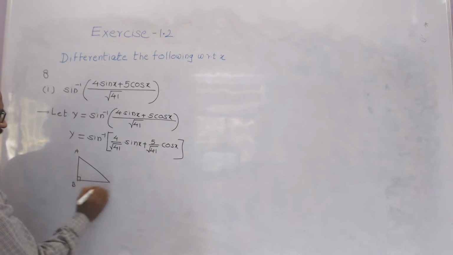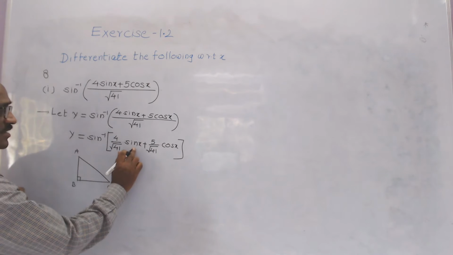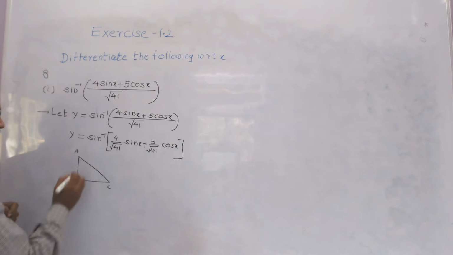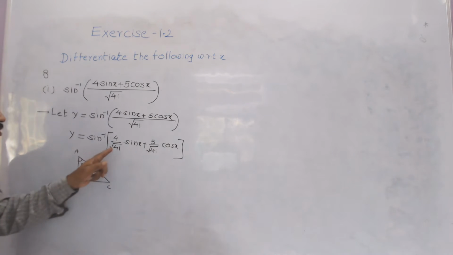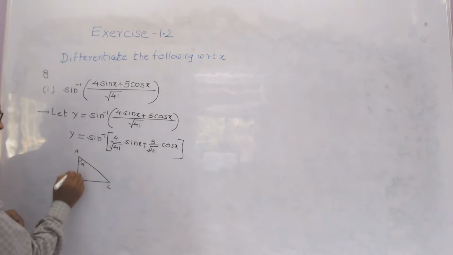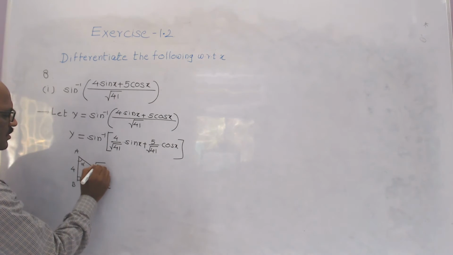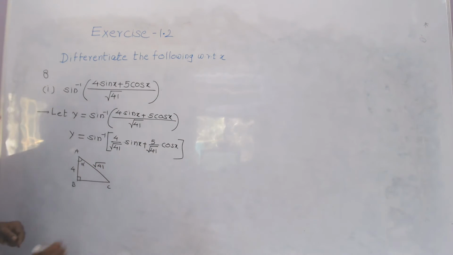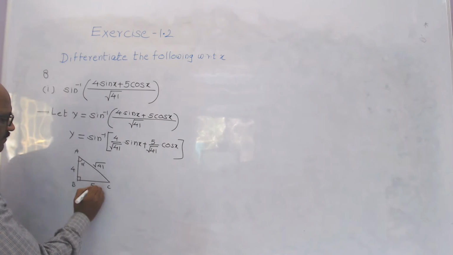As here is sin x, here must be cos x. Therefore, I will write here alpha. But what about the cos of alpha? Cos of alpha means adjacent side upon hypotenuse. This must be the adjacent side, which is 4, and the hypotenuse is root of 41. And the opposite side must be 5.